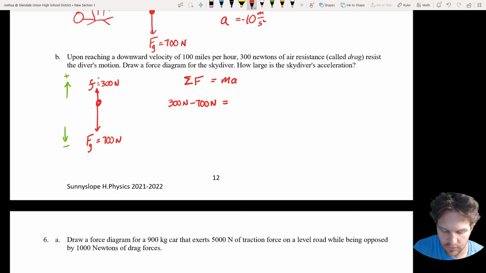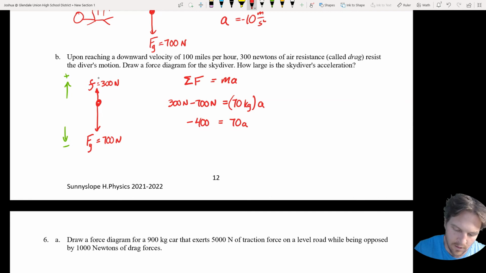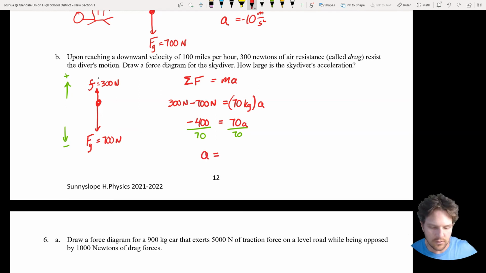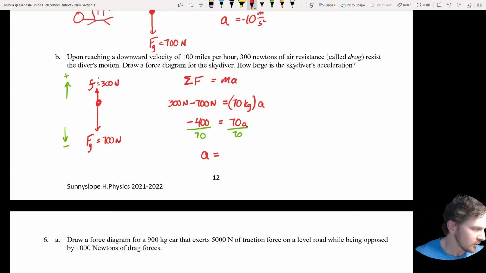The mass is 70 kilograms. I don't know what the acceleration is yet, so we can do a little simplification and solve for acceleration. Divide both sides by 70 to get that A all alone. And we're left with 400 divided by 70. That's going to be 5 point something. 400 divided by 70 is 5.71.